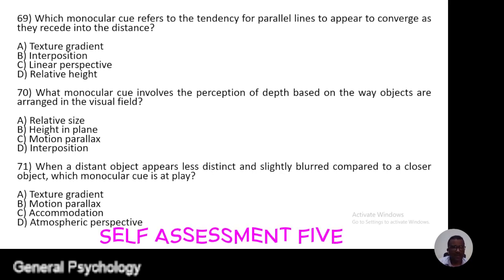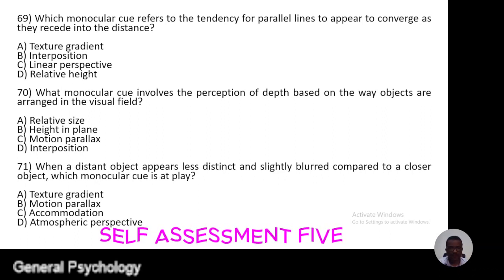Question 69. Which monocular cue refers to the tendency for parallel lines to appear to converge as they recede into the distance? A. Texture gradient. B. Interposition. C. Linear perspective.